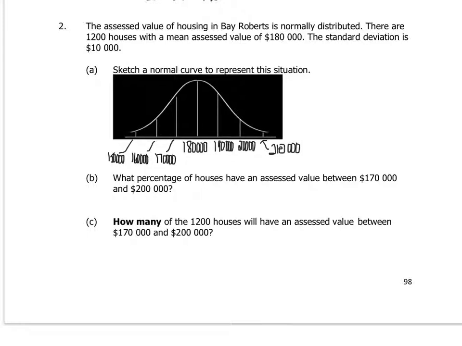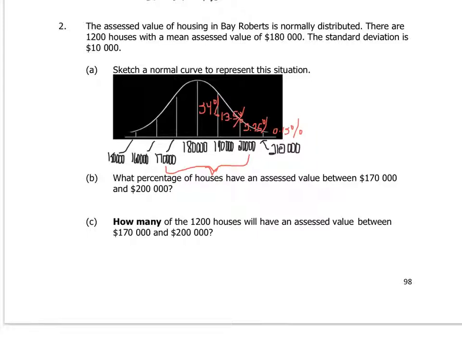So what percentage of houses have an assessed value between 170,000 and 200,000? That would be from here up to here. And I forgot to label my percentages. This would be 34% here, 13.5% here, 2.35 here, and 0.15 here.